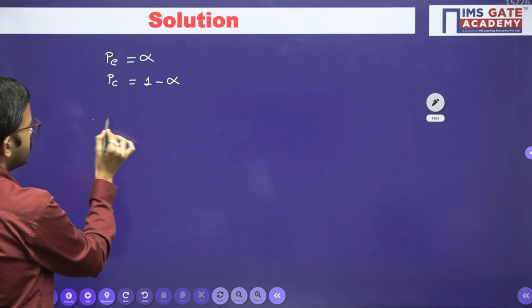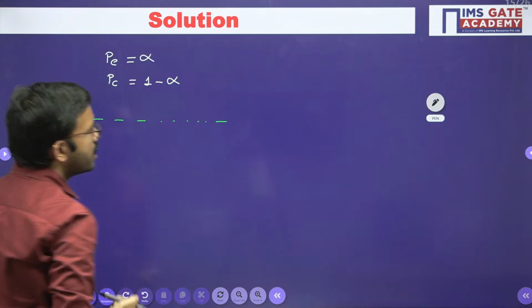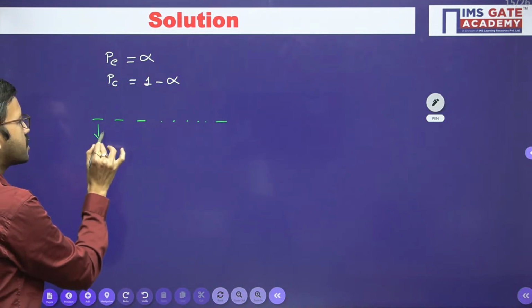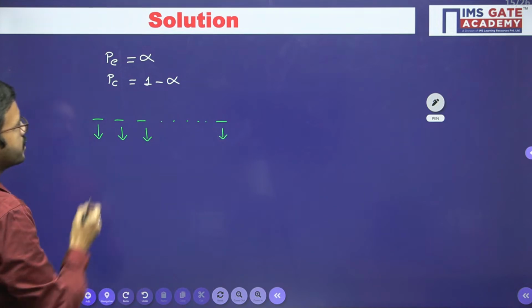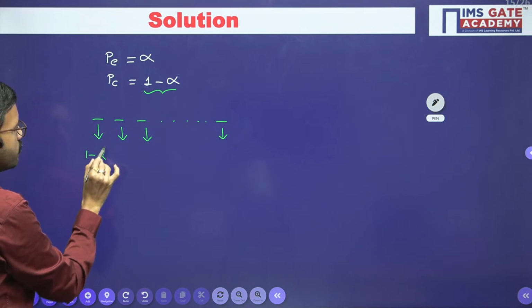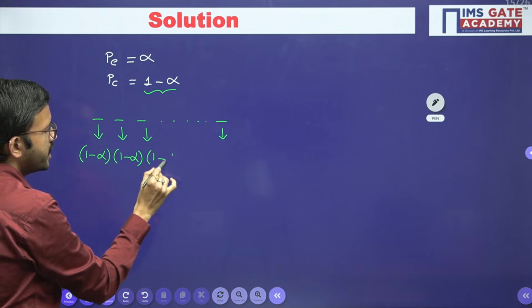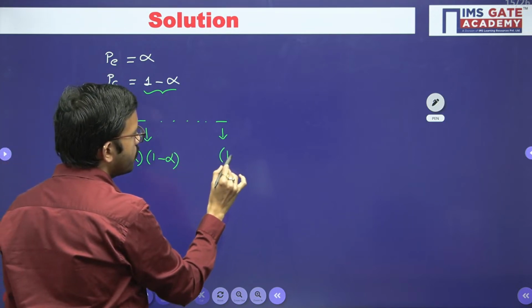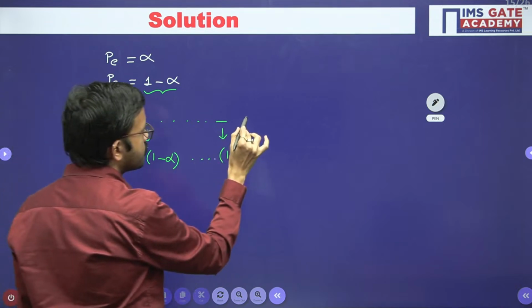You have a total of n bits. If you have received all the bits correctly, each one has the probability 1 minus alpha. Each bit, in order to be received correctly, has 1 minus alpha. Like that, in total you have n bits.